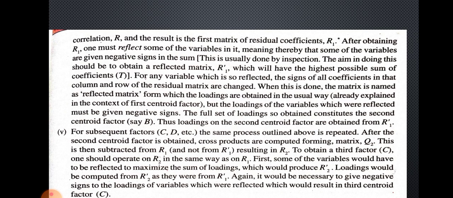After obtaining R1, one must reflect some of the variables in it, meaning thereby that some of the variables are given a negative sign in the sum. This is usually done by inspection.